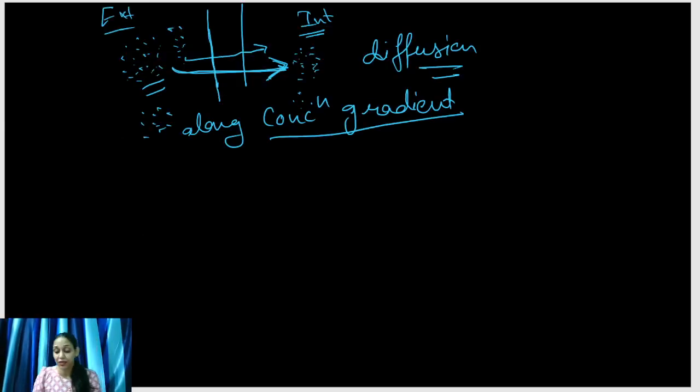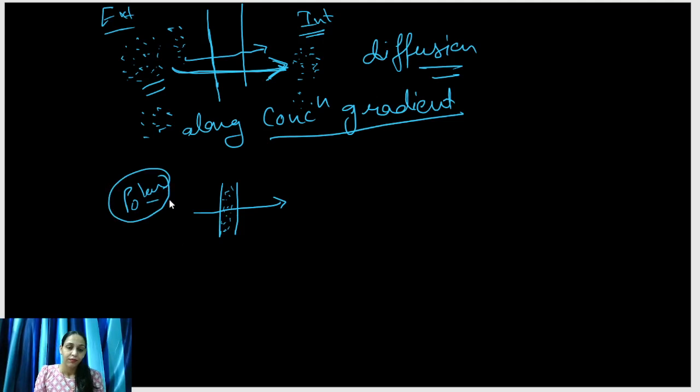अब इसका क्या मतलब है? Facilitated diffusion. This is the membrane. अब हमें पता है this is the non-polar area, hydrophobic area. So polar molecules cannot pass through this area, cannot pass the plasma membrane. For these molecules, some carrier proteins are present in the plasma membrane.